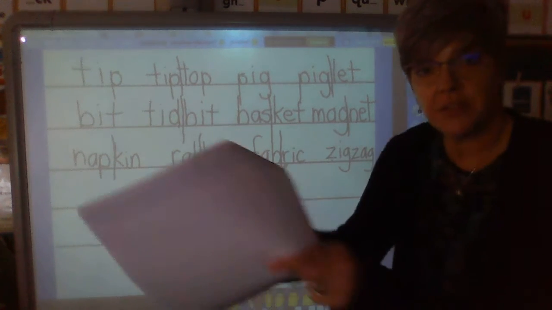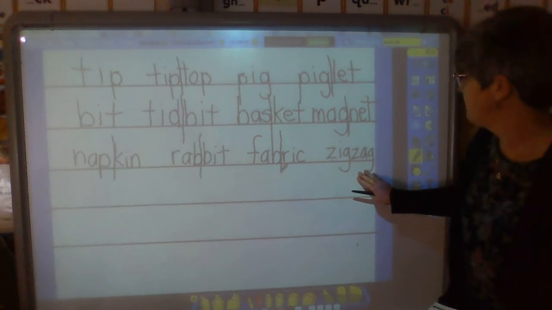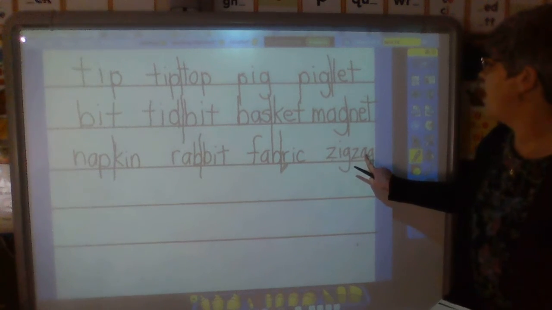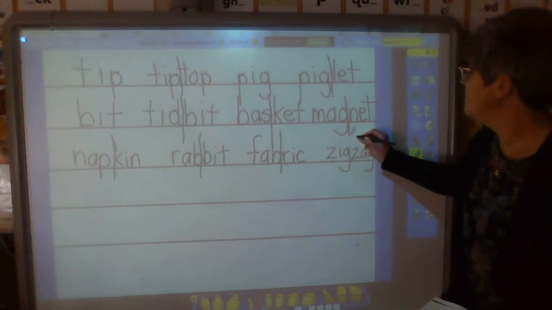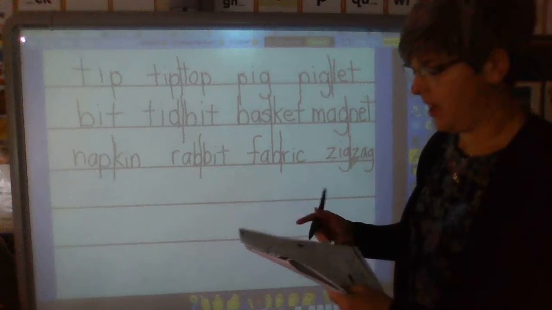Zigzag. Clap it out. Zigzag. Divide it where to make it two syllables? Right. Vowel, consonant, consonant, vowel. We're going to divide between the G and the Z, zig and zag. Okay, our next line.